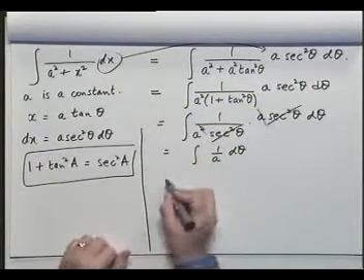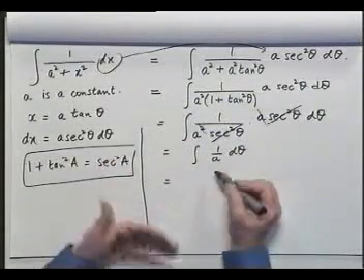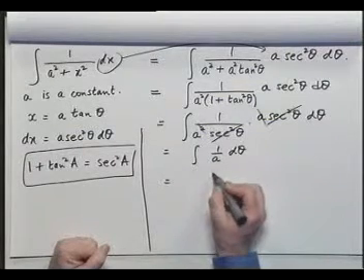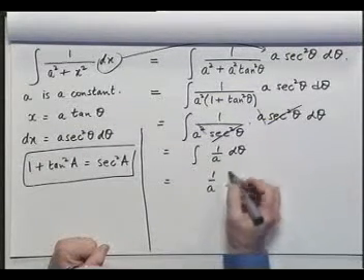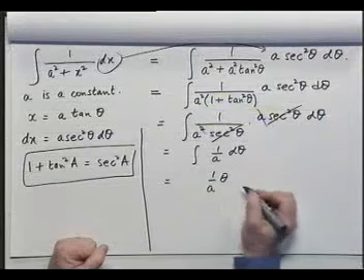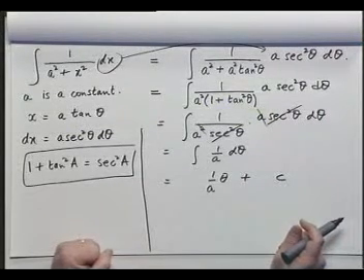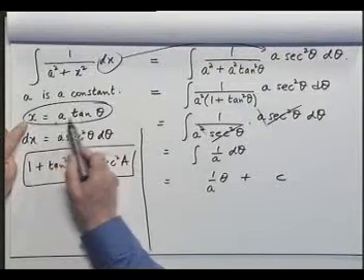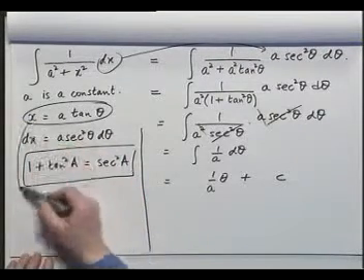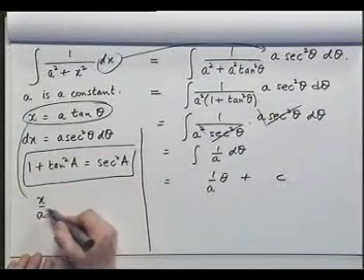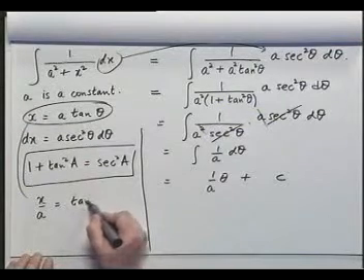Again, this is straightforward to finish. The integral of 1 over a, a constant with respect to theta, is just going to give me 1 over a theta plus a constant of integration. To return to the original variables, we've got to go back to our original substitution. If x is a tan theta, then we can write that x over a is tan theta.